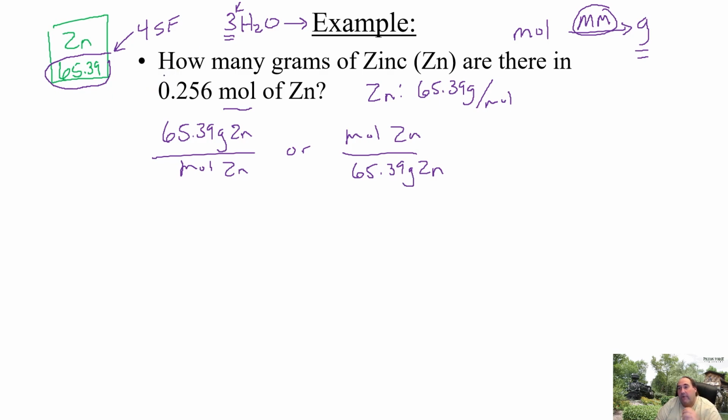If you're asked to calculate the molar mass of something, you want to do it based off of just the formula by itself. If it happens to be in an equation and it happens to have a coefficient, you ignore the coefficient for molar mass. You just look at the actual chemical formula of it, and you calculate based off of that.